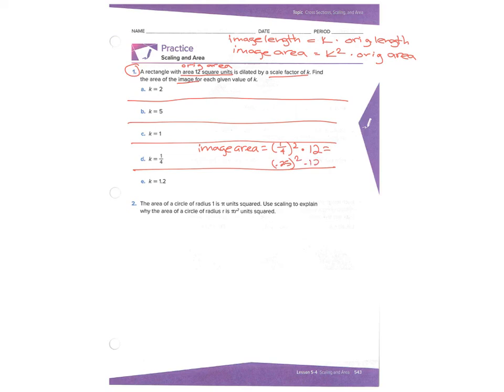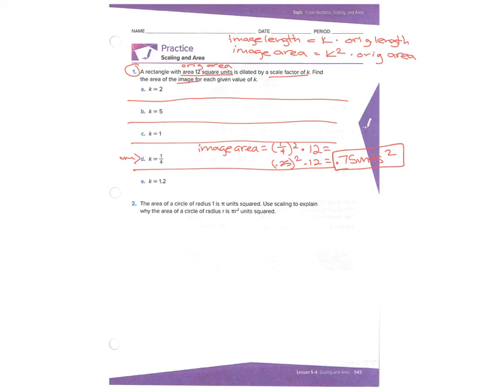We're going to square that and multiply by 12. 0.25 squared is 0.0625 times 12, and we should get 0.75 units squared for our area. It makes sense that it's a number smaller than 12 because my scale factor of 1/4 should be reducing the size of my rectangle. It should be getting smaller.